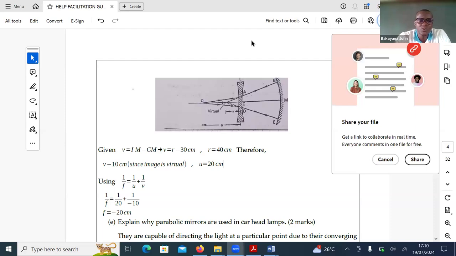So for this question, we note that for the image to be formed on the screen, it means image and object are coinciding, meaning that the rays coming from the mirror to the final image meet the mirror at 90 degrees. And when rays meet the mirror at 90 degrees, what kind of image is formed? Or at what point is the image going to be formed?